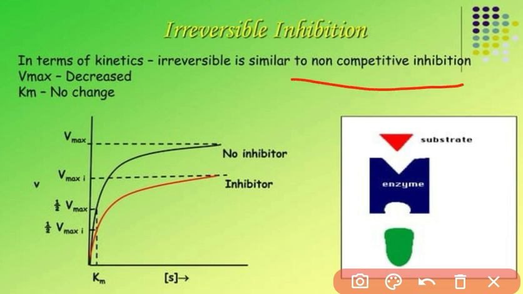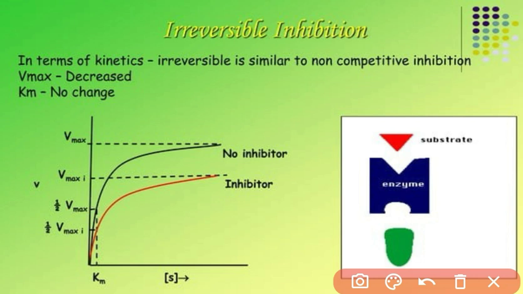We saw in non-competitive inhibition, the substrate molecule binds with the active site of the enzyme. This is the active site of the enzyme to which the substrate molecule binds. The enzyme has another site, known as the allosteric site, to which the inhibitor can bind, and because of the binding of the inhibitor, the kinetics of the reaction change.